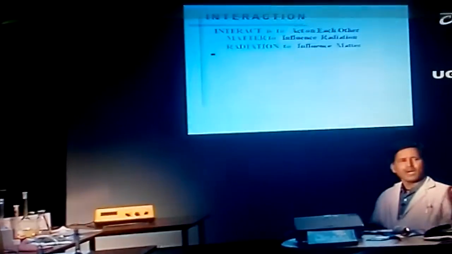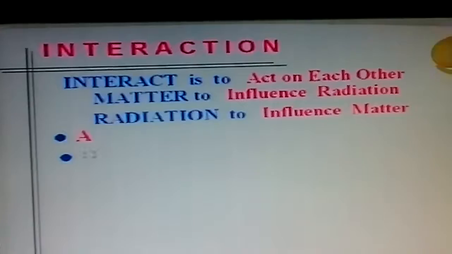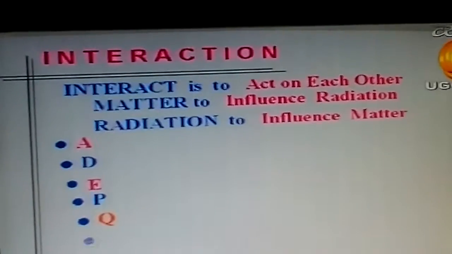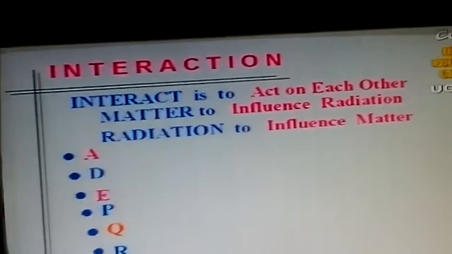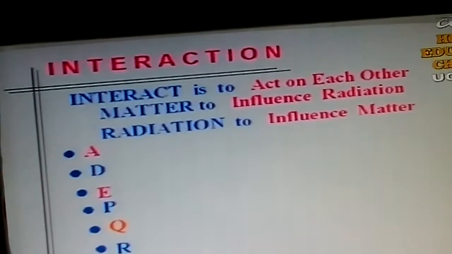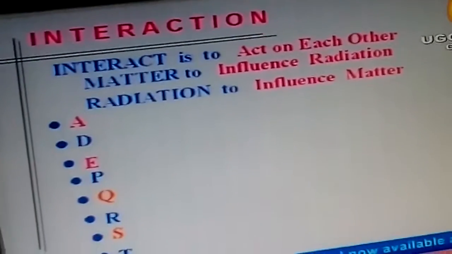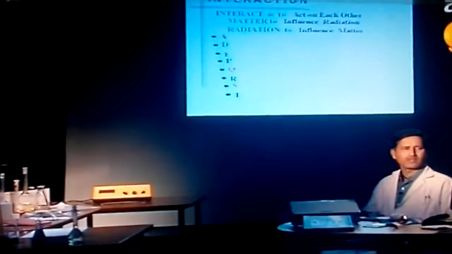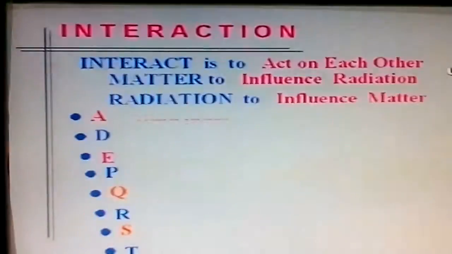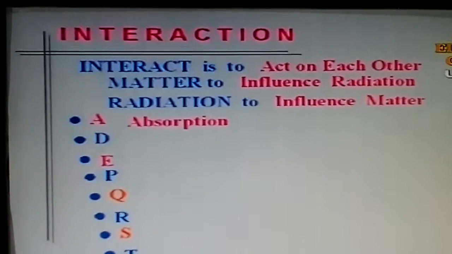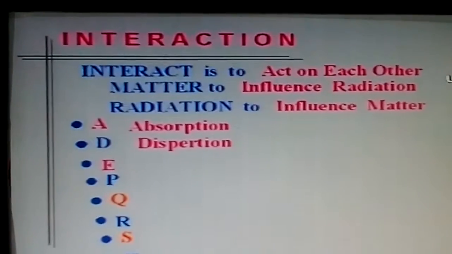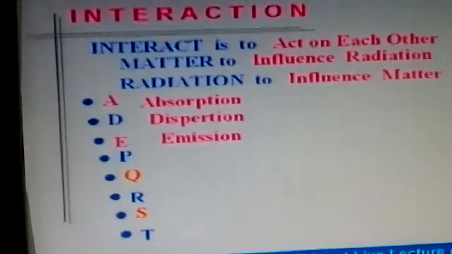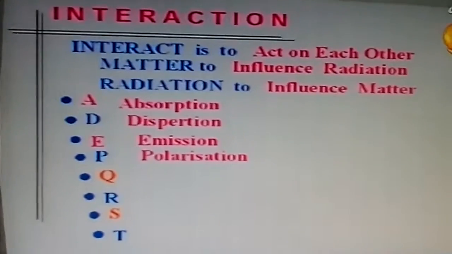To memorize how many types of interactions there can be, I have given an alphabetical help: A, D, E, P, Q, R, S, T. Luckily, P, Q, R, S, T are alphabets that appear in sequence in the English alphabet. A stands for absorption, D for dispersion, E for emission, P for polarization.